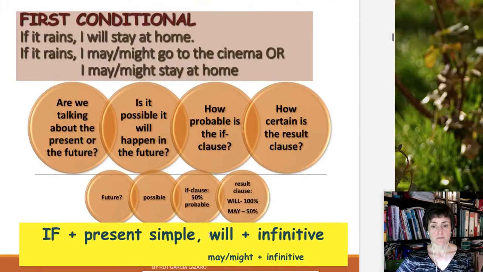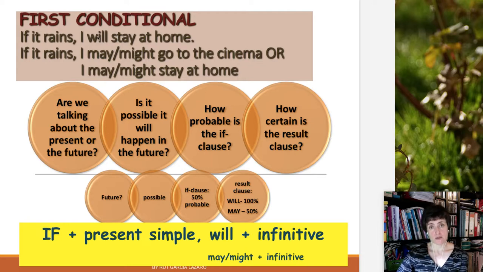First conditional. Well, we talked about first conditional with this example. If it rains, I will stay home, or if it rains, I may stay home, or I may go to the cinema, or I may visit my grandparents. So we said that first conditional is used to talk about the future, about things that are possible, because it's possible that it rains. The first part, the if clause, is probable, and the second part dependent.